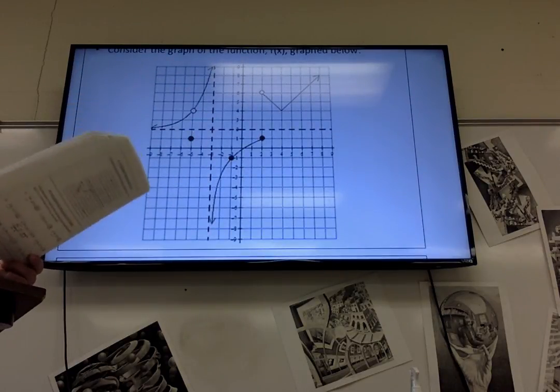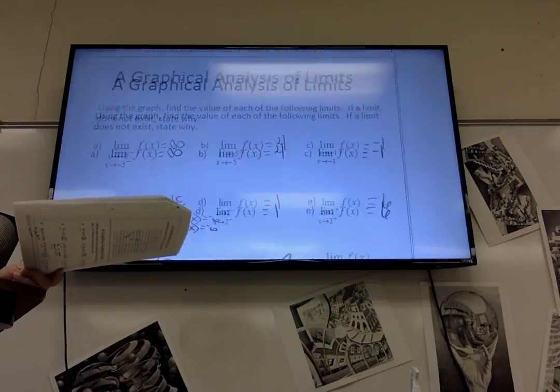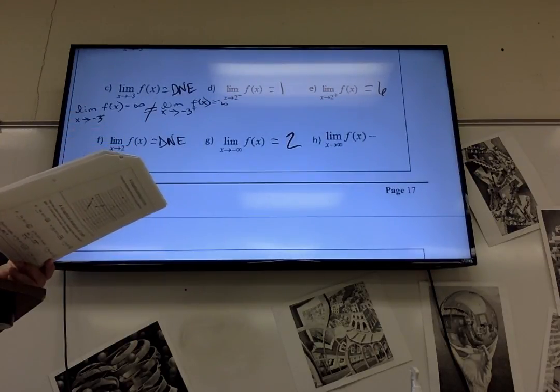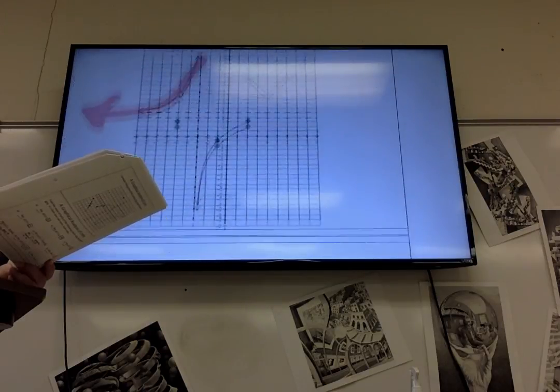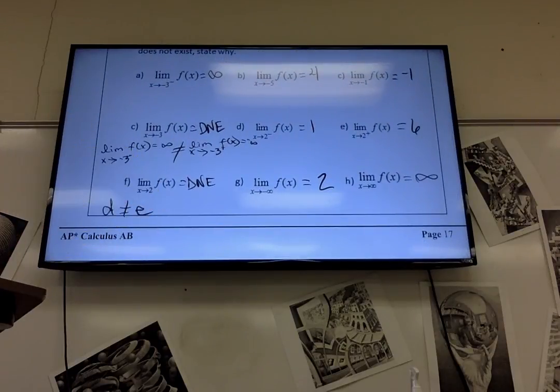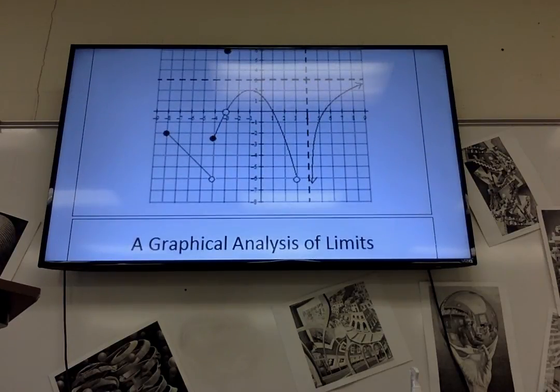That means as I go to the left forever and ever, I'm getting closer and closer to that asymptote, which is 2. And the limit as x approaches infinity. What's f of x approaching? Infinity. So as I go to the right forever and ever, it's going up forever and ever. That's why it's infinity. Excellent. Okay, last one. I want you to try to do this one, and then we'll just fill in these answers.